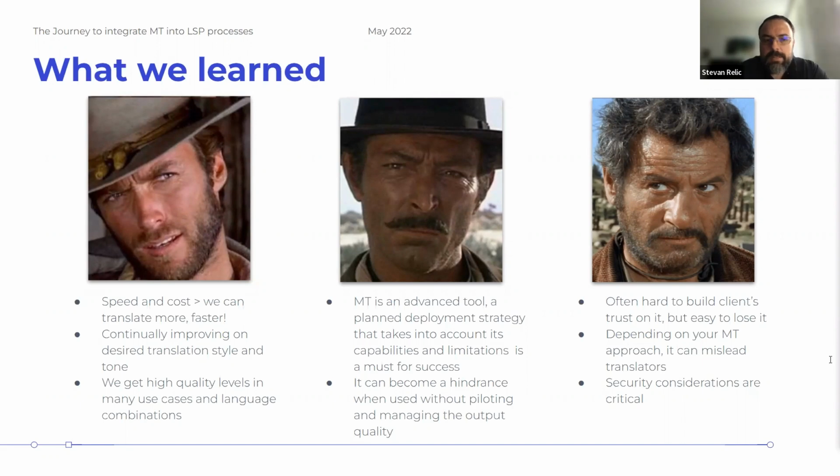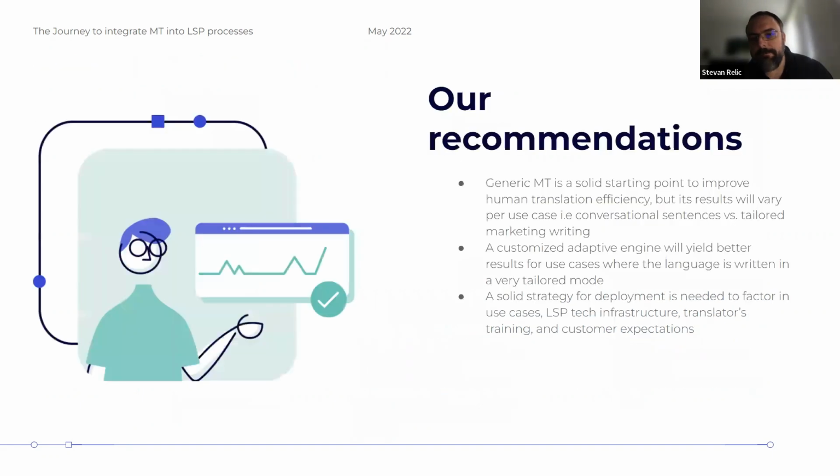There's also the fact of, and if we can move to the recommendations, Juan, and then we can add. Yeah, so our recommendation there goes towards, we believe generic MT is a solid starting point, but you need to take into account, I think at the beginning, there was a presentation saying you need to take into account budgets, size of your company, how are you integrating?